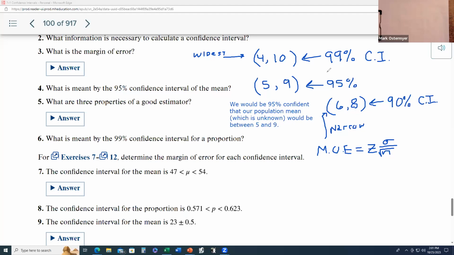The problem is that for a 99% confidence interval, your critical z-value is about 2.58. And for a 90% confidence interval, your critical z-value is about 1.645.